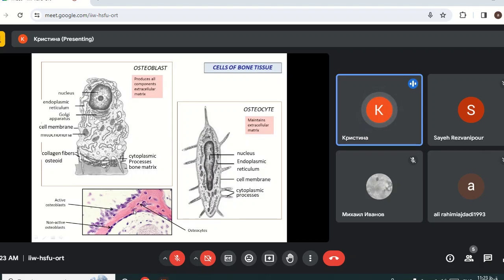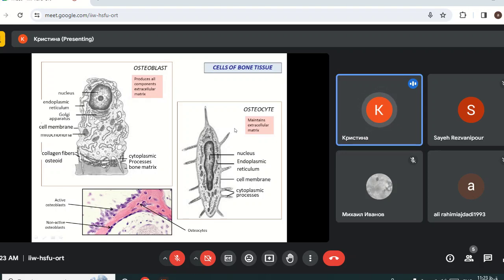And these canaliculi lead to the surface of the bone. So all the osteocytes are connected together and to the surrounding tissues. So the diffusion can happen through these small channels inside the hard bone extracellular matrix. And this is how these osteocytes receive their nutrition. Here you can see the processes of osteocytes.